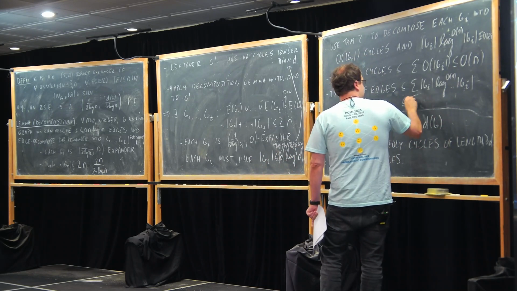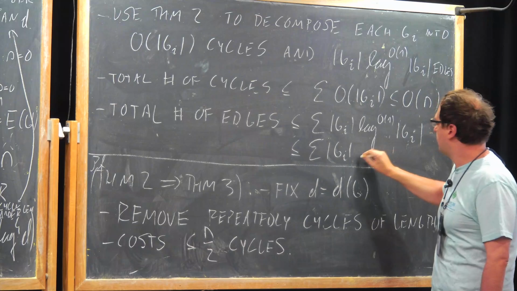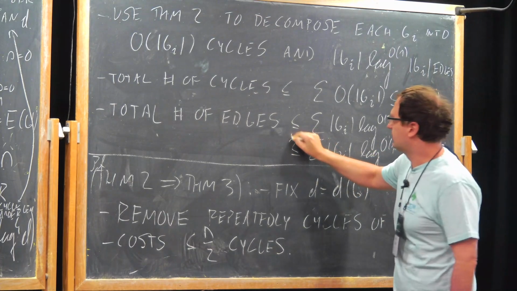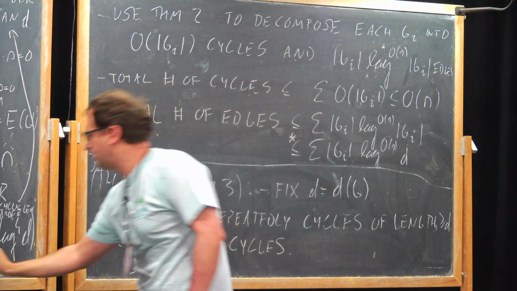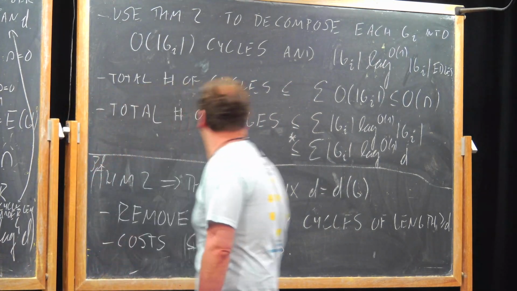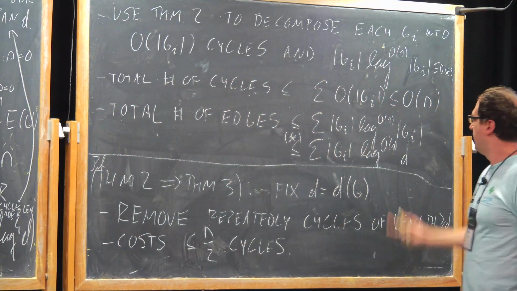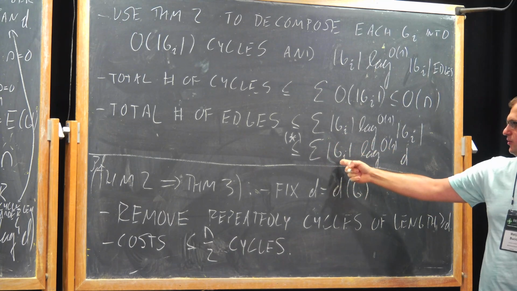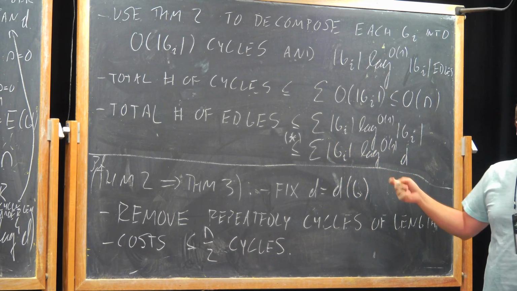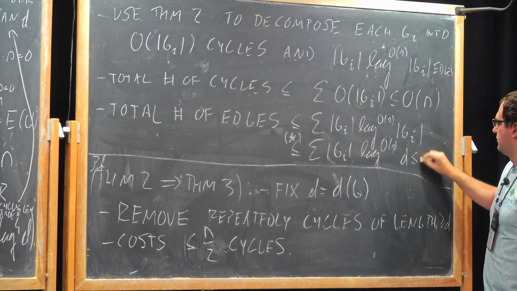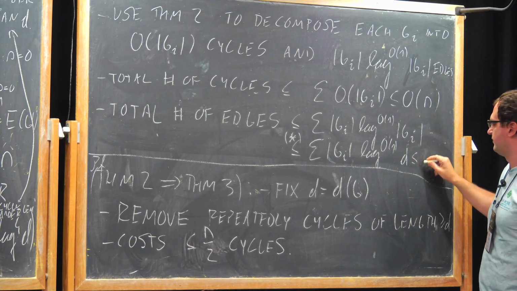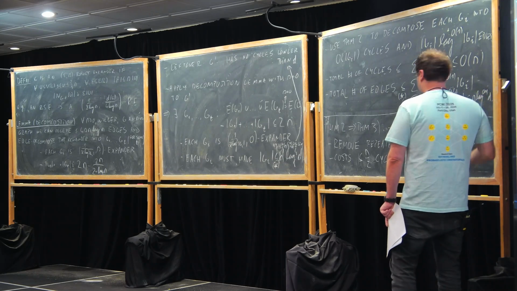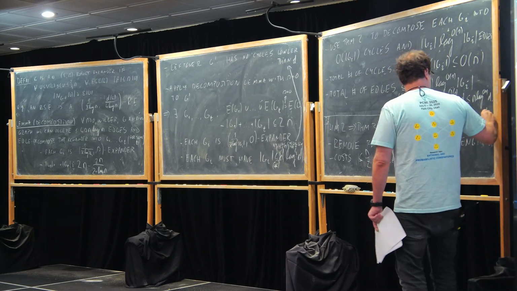So this is at most the sum GI times polylog D. And let's put a star. And now we're done, because again, the sum of these GIs is n, and we wanted precisely a bound of the form n times polylog D. Okay?